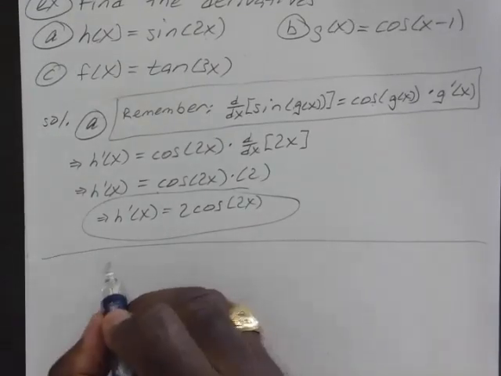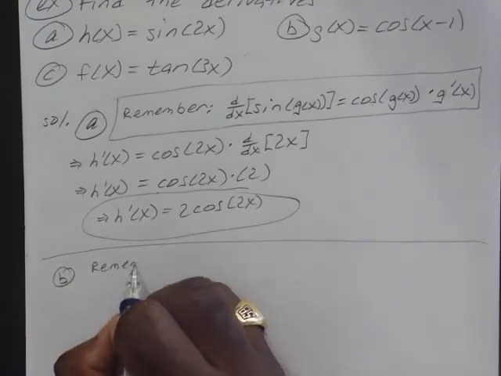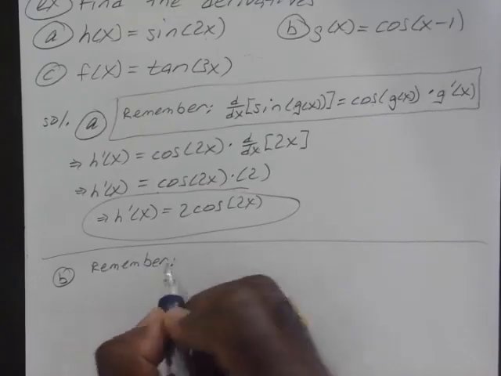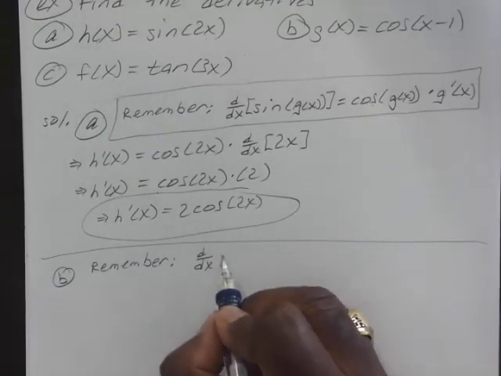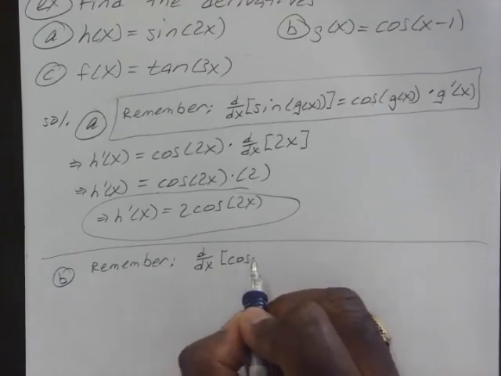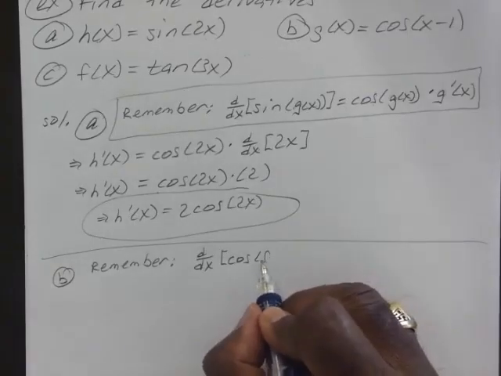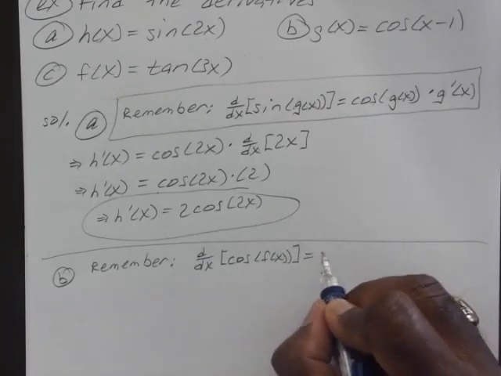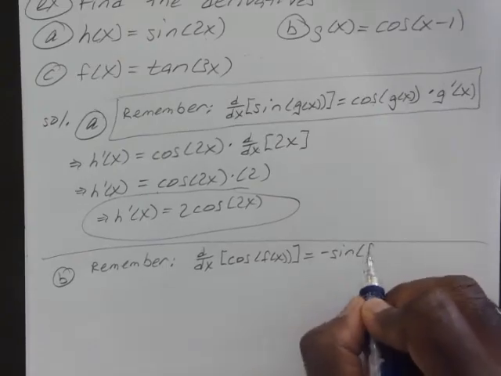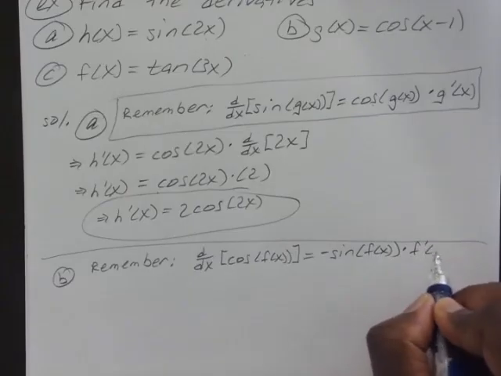Okay, same thing for B. We know that the derivative of cosine, and I'll use f of x since B is g of x, cosine of some function of x is equal to negative sine of that function of x times the derivative of that function.